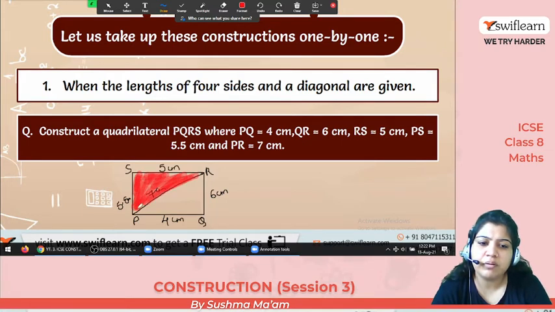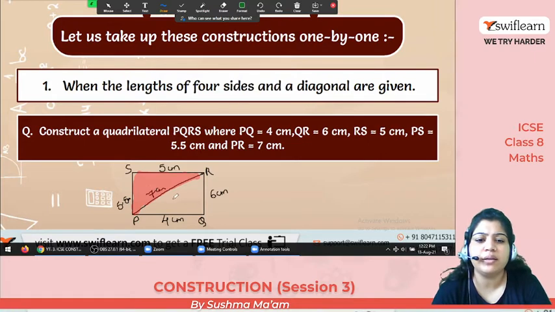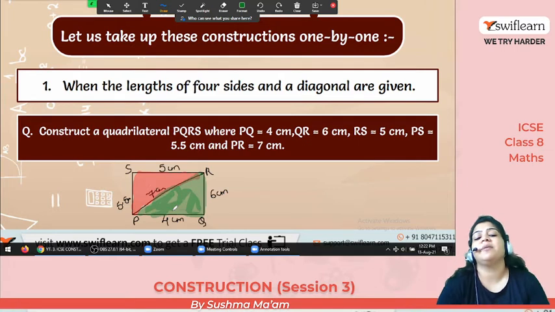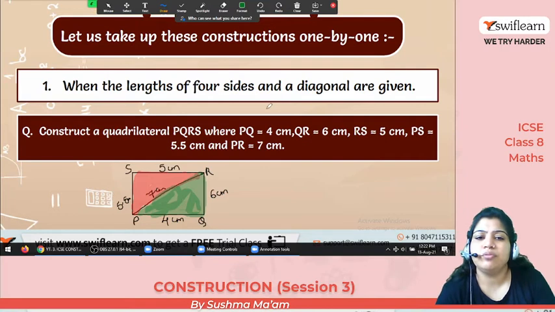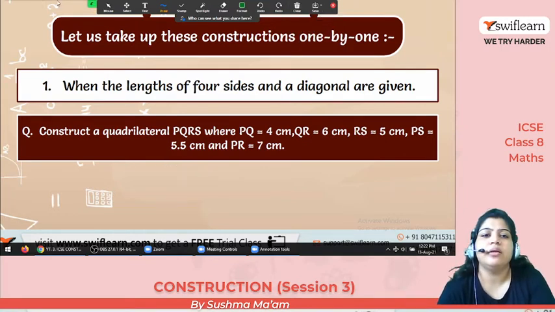With the help of the diagonal you can make one triangle, and this one is your second triangle. And that's why we say the sum of angles of a quadrilateral is 360 degrees, because here we have two triangles and the sum of angles of a triangle is 180. 180 plus 180 is 360. So similarly, first you always draw the diagonal. So let's start.